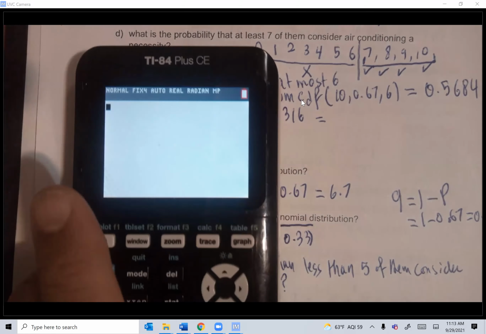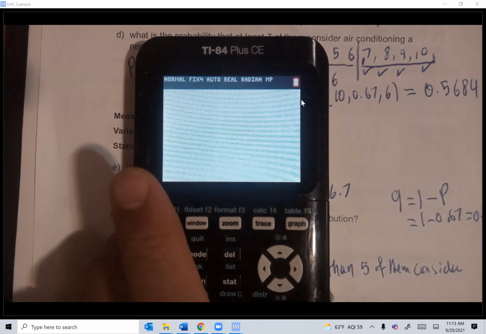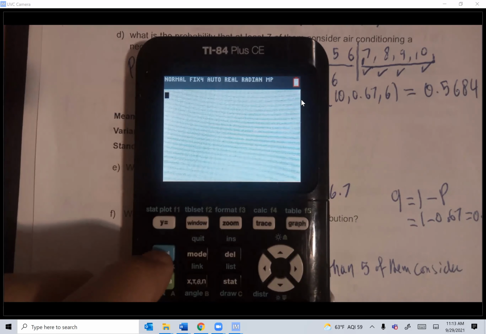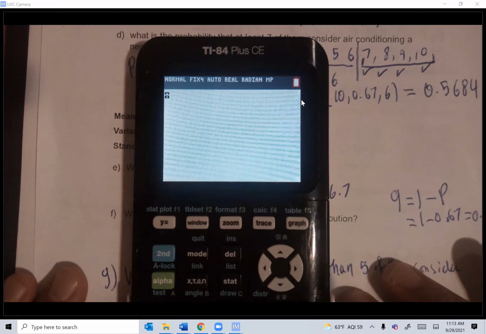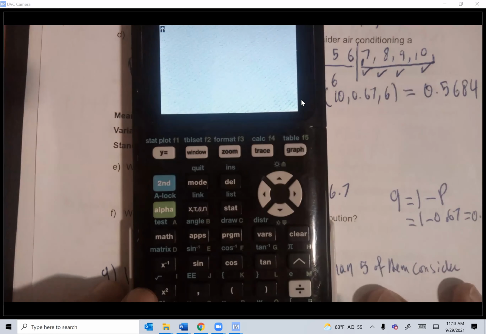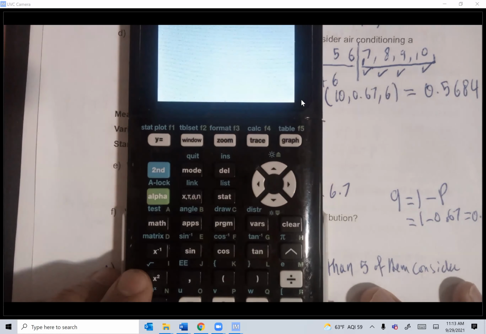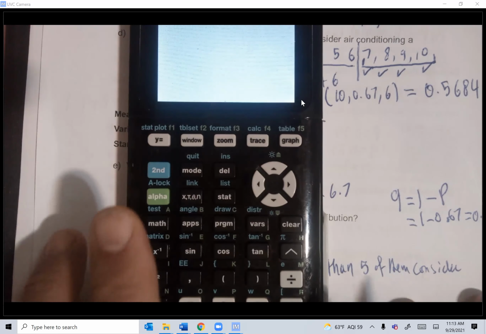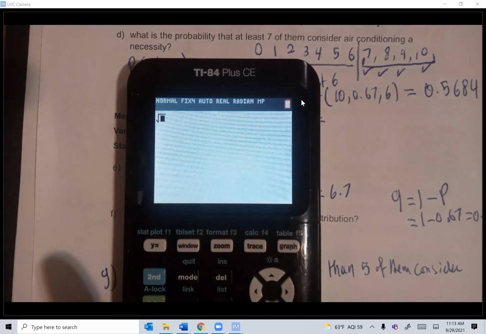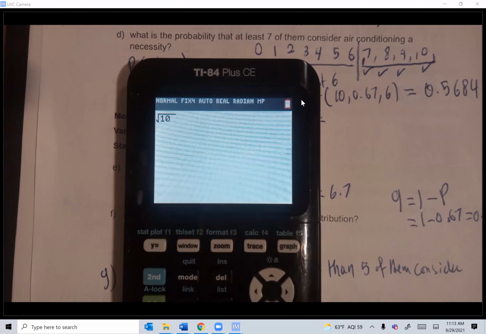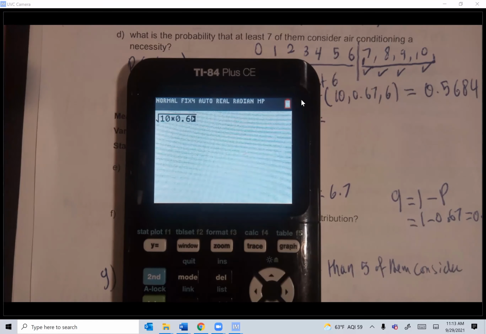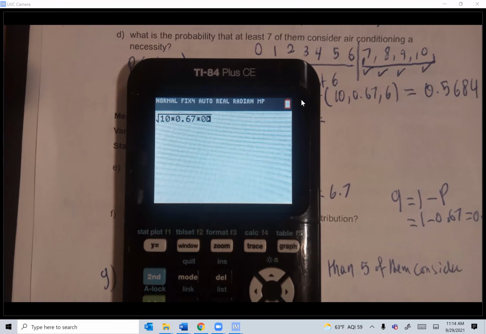You need a calculator for this. You press the second key, guys, and then here's the square root under x squared right here. You can see it. And now I have the square root. I enter 10 times 0.67 times 0.33 and enter. And here's the answer.